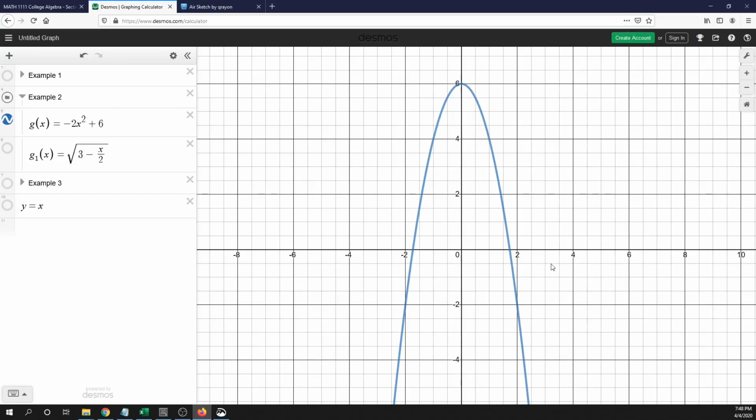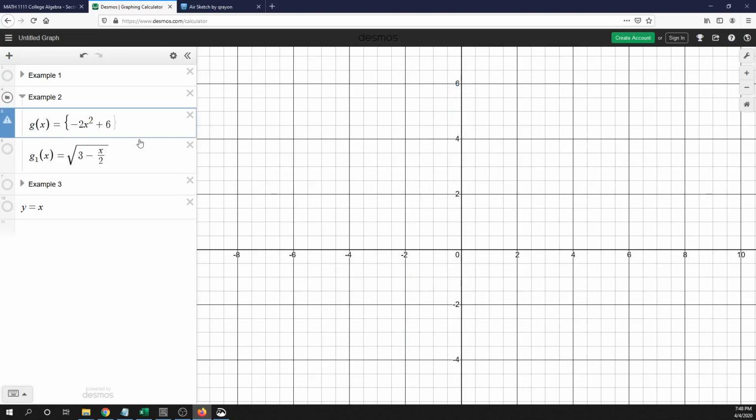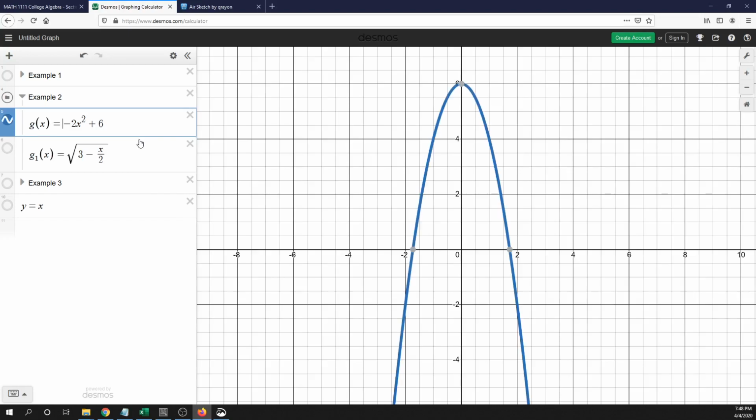Any horizontal line down here is going to cut the graph in more than one spot. And so therefore, the function g of x equals minus 2x squared plus 6 does not have an inverse function, okay? So even though a function does not have an inverse everywhere, what you can do is chop down its domain a little bit. And so that is what we're going to do here, right?